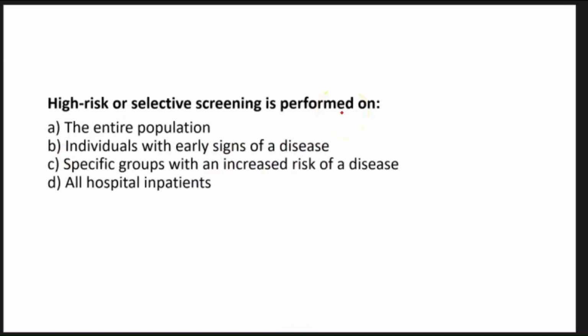Is high risk or selective screening performed on the entire population, on individuals with early signs of a disease, in a specific group with increased risk of the disease, or in all hospital inpatients? The answer is specific groups with increased risk of disease.